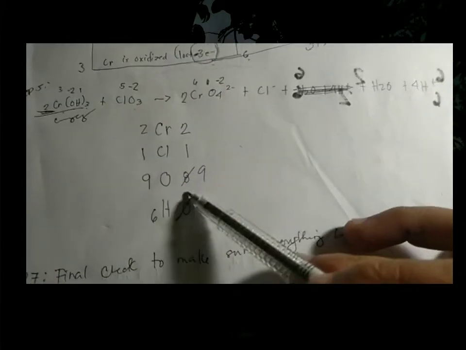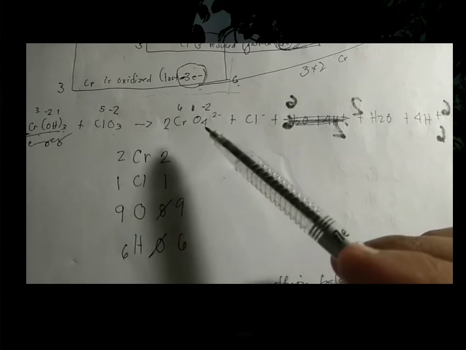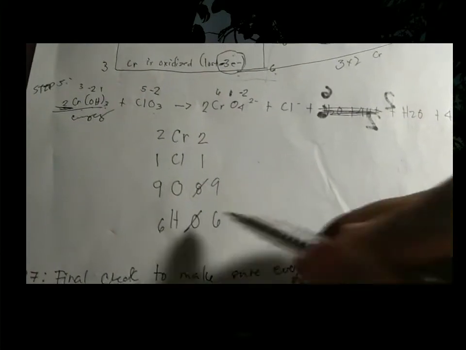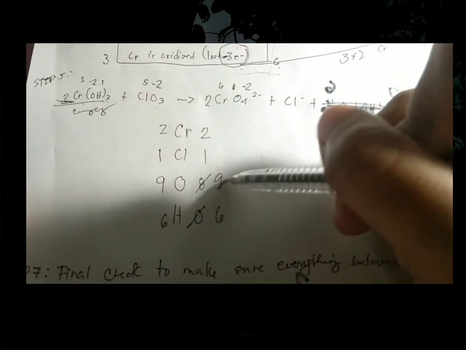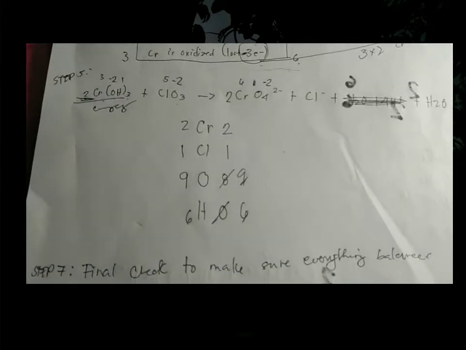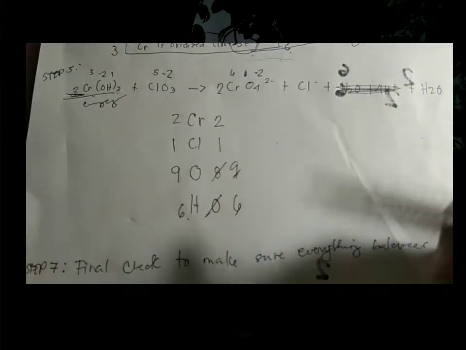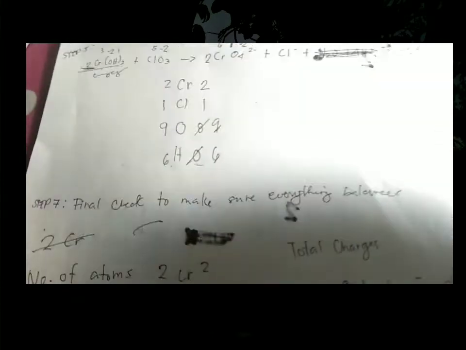So dito, yung una nating nakuha is 8, kasi meron tayo ditong 4 times 2, 8. So hindi muna natin pansinin itong mga numbers na to kasi sasabihin ko sa inyo kung saan yan nanggaling. So dito muna tayo sa first. Kasi ito naman sa hydrogen, meron tayong 6. So 3 times 2, 6. So dito, 0 siya. So para maging balance siya, kailangan nating pumunta sa step 6.